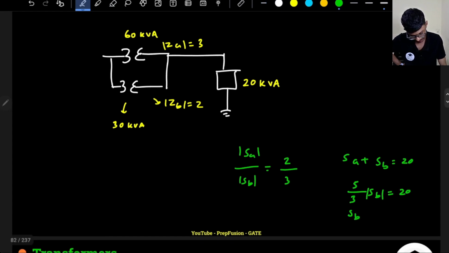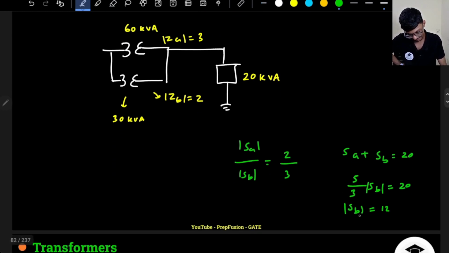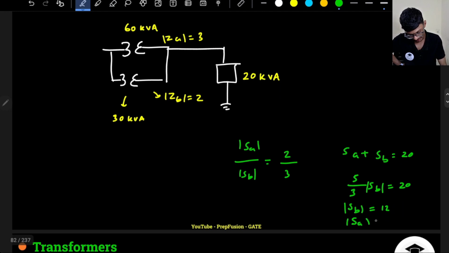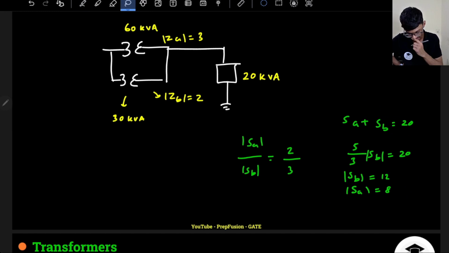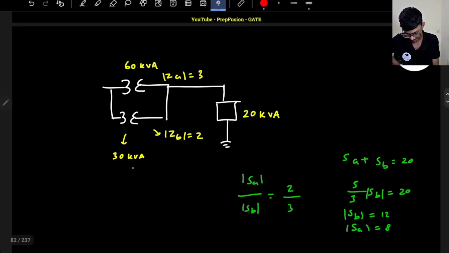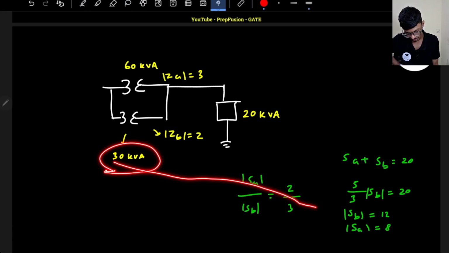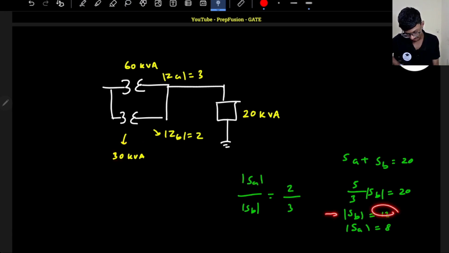So SB will be equal to 12. What will be SA? SA will be only 8, right? Are you noticing anything weird? Although the rating of this transformer is 30 kVA only, this transformer is delivering 12 kVA, and the rating of this is 60 kVA, but this is delivering lower power, 8 kVA only.